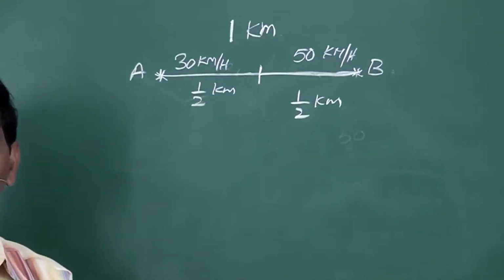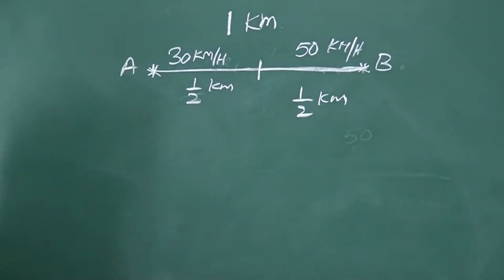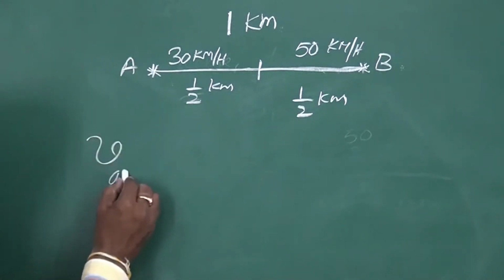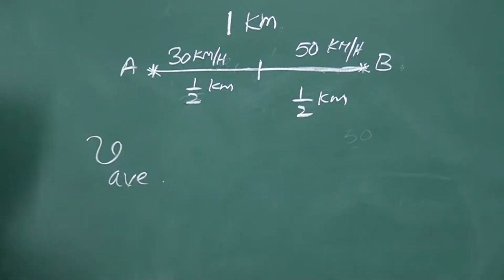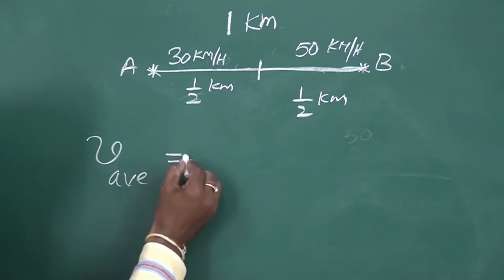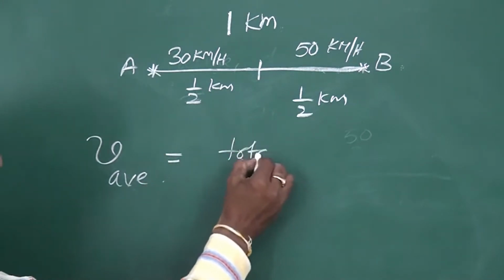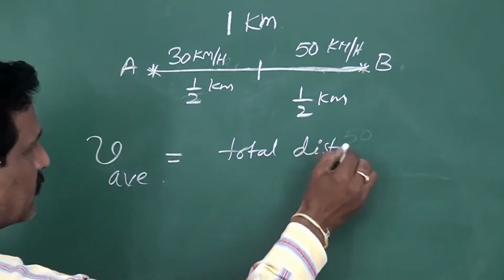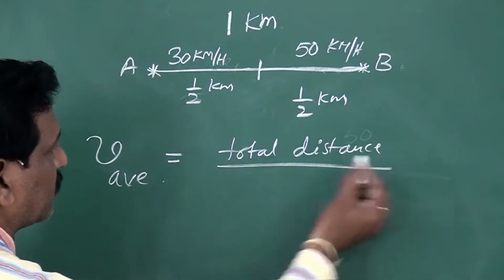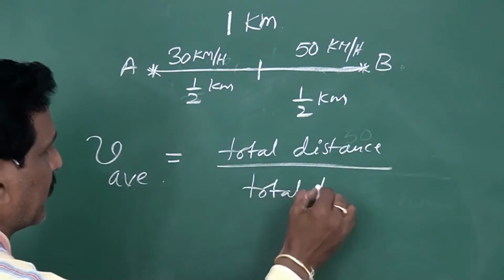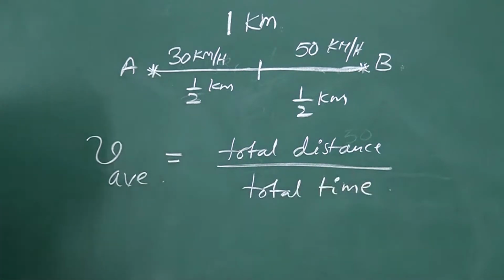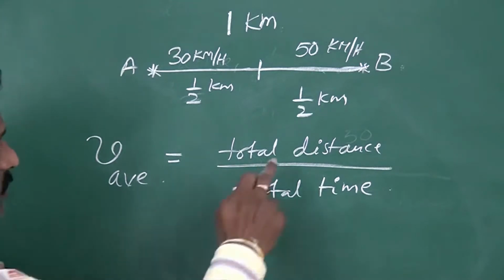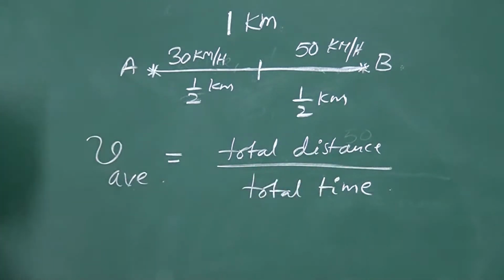So here we have to find the average speed. What do we mean by average speed? Average speed is equal to total distance covered by total time taken. This is from the definition of average speed. Average speed is equal to total distance by total time.